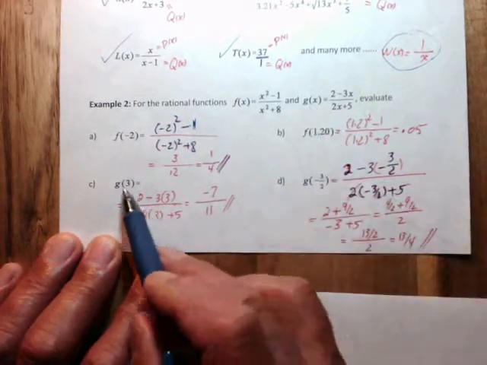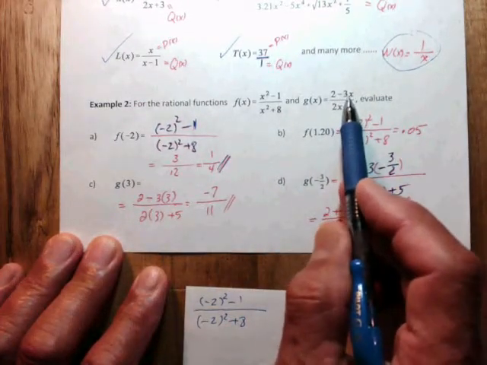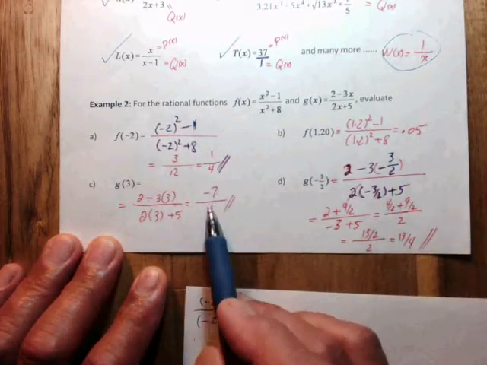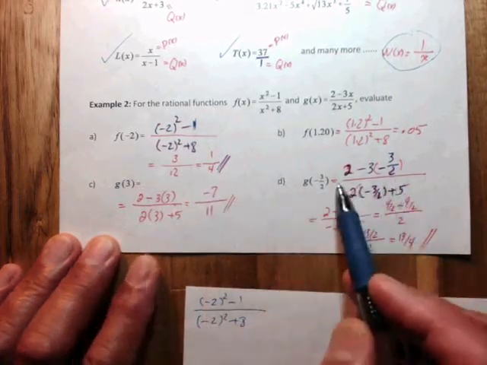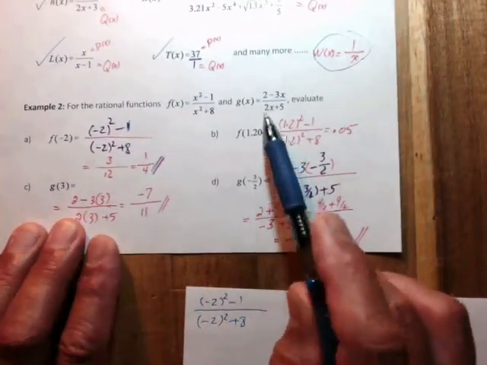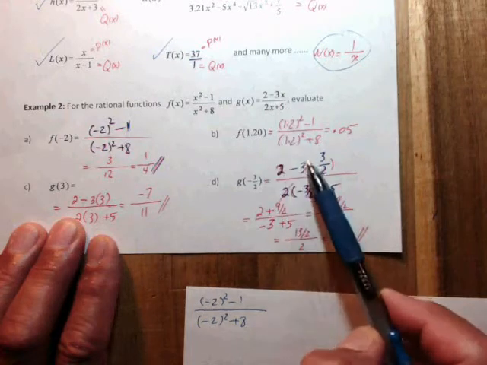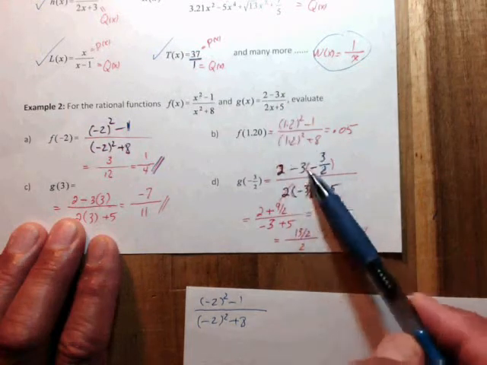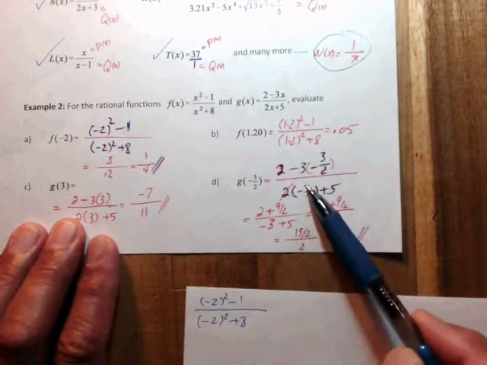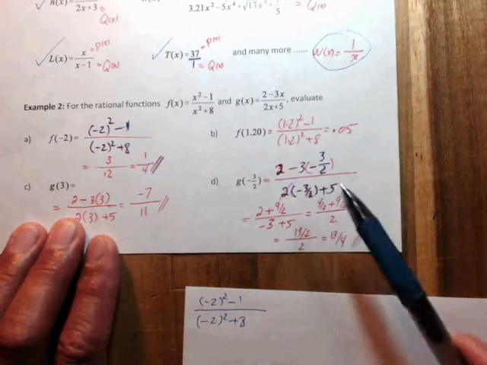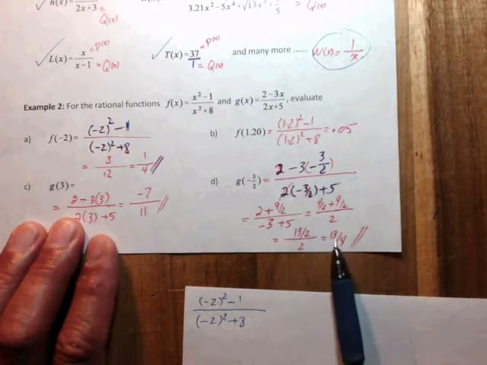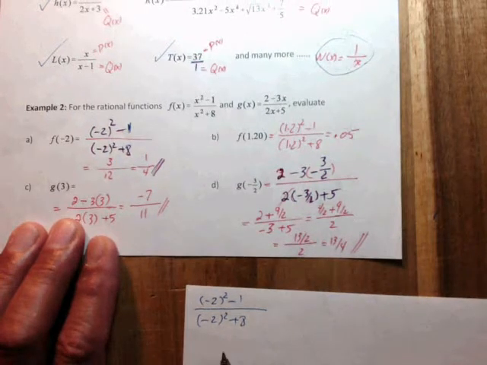And g of 3 is 2 minus 3 times 3 over 2 times 3 plus 5, which is 7 over 11. And finally, g of 3 halves means in g replace this x by 3 halves. So I have 2 minus 3 times negative 3 halves over 2 times negative 3 halves plus 5. And then if I use a calculator or not a calculator, I get 14 over 4.